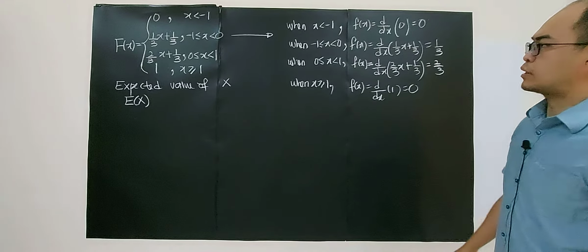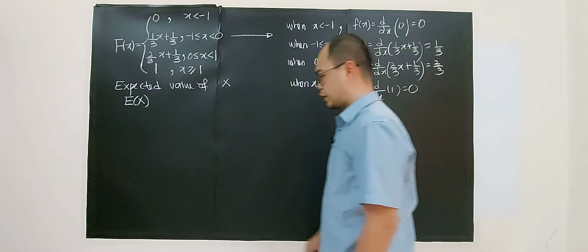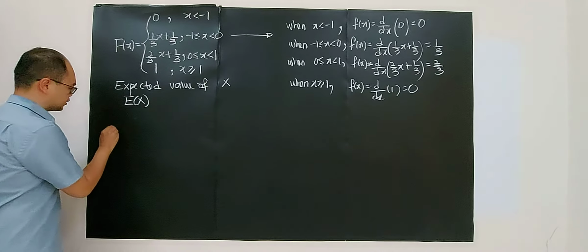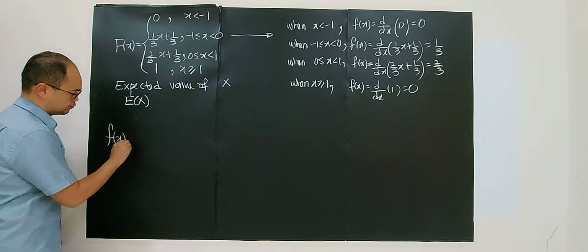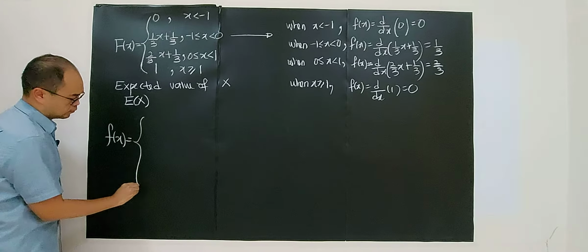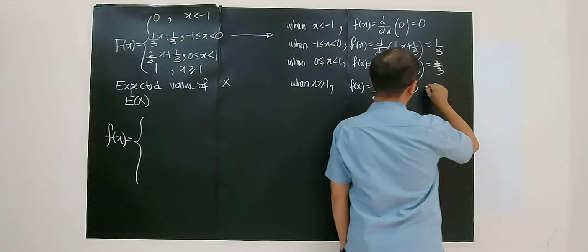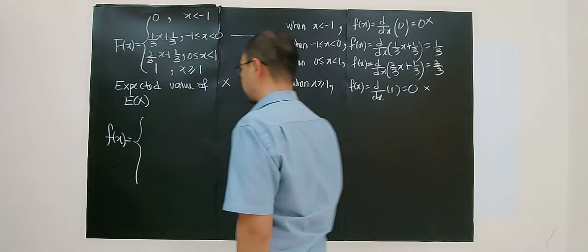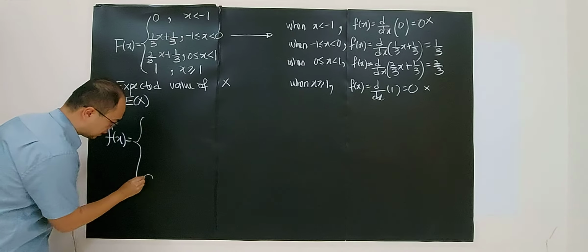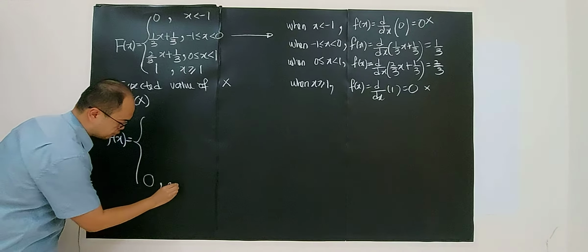Then we go into the summary. Your f(x) will be 0 otherwise, for those two intervals with 0.